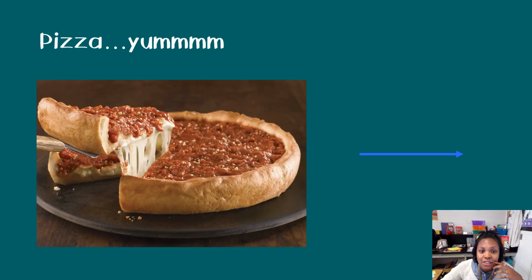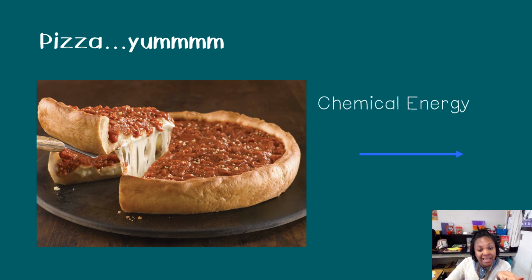Okay? Next, we have pizza, and y'all, this Chicago deep dish pizza looks so good. So, pizza, what type of energy is it using? Before I put it in my mouth, that pizza has chemical energy, because there are chemicals in here that, when they react to something in my stomach, are going to be transformed into what?